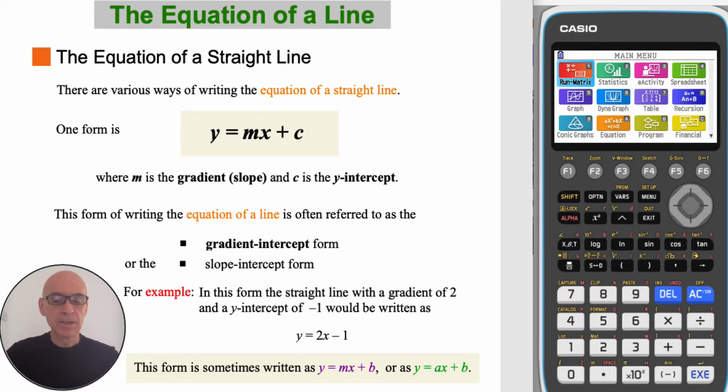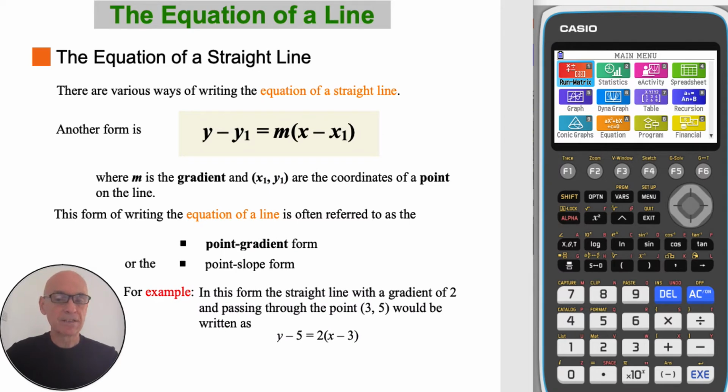It is sometimes written as y = mx + b, or as y = ax + b. For example, in this form, the straight line with a gradient of 2 and a y-intercept of -1 would be written as y = 2x - 1.